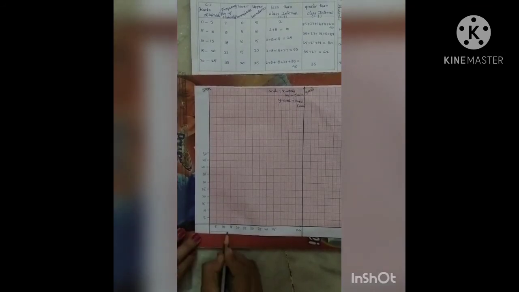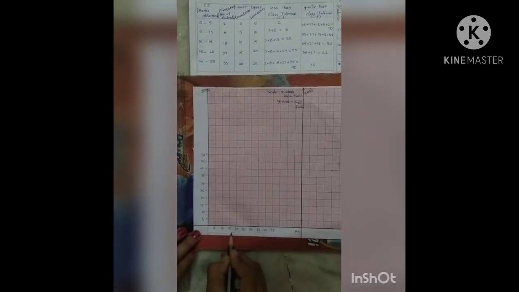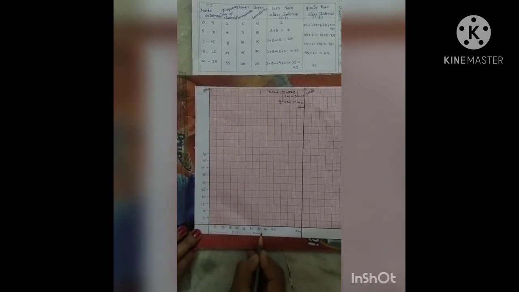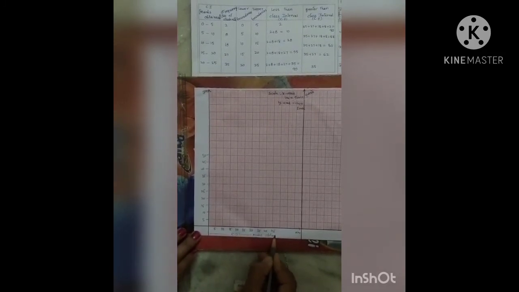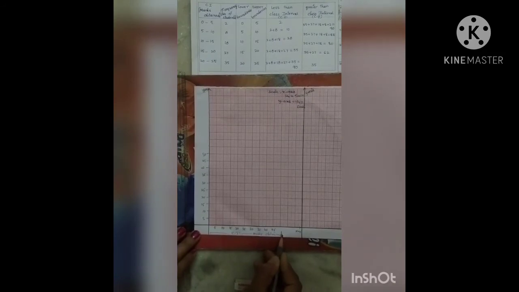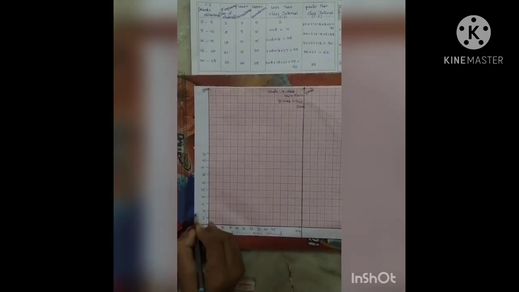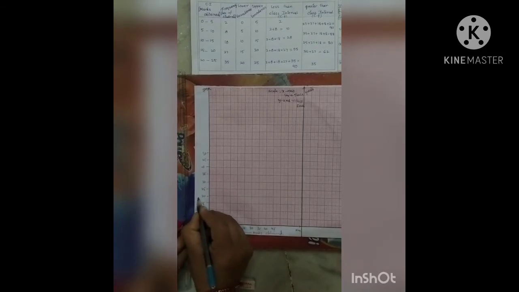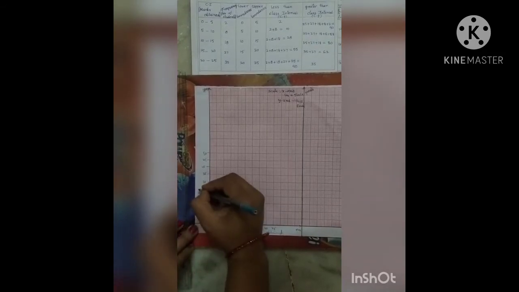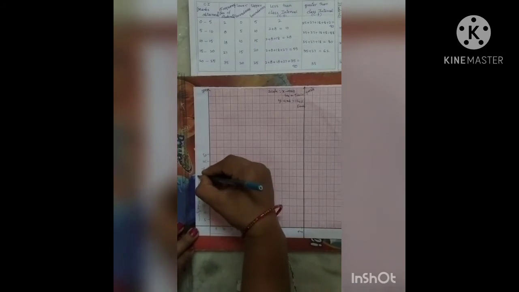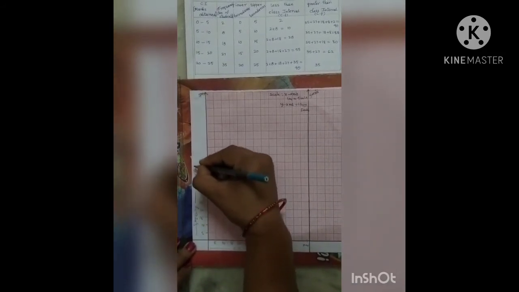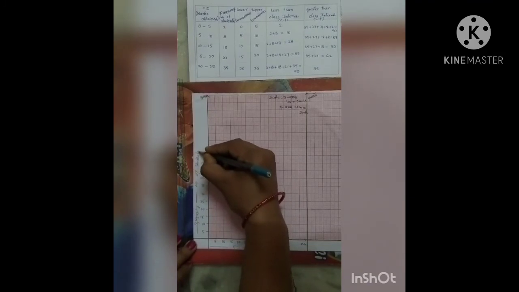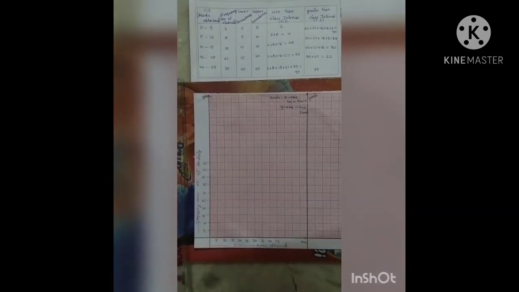On the x-axis we take the class interval, marks obtained, and the y-axis is the frequency, the number of students. Okay, children.